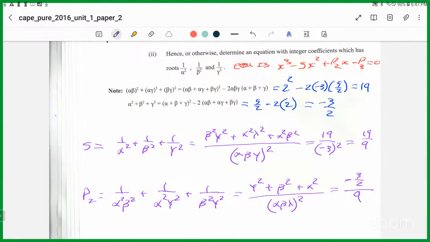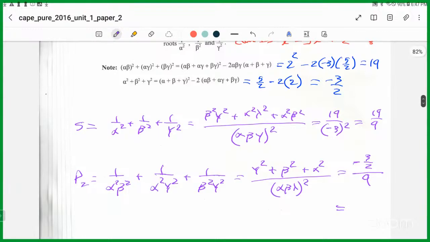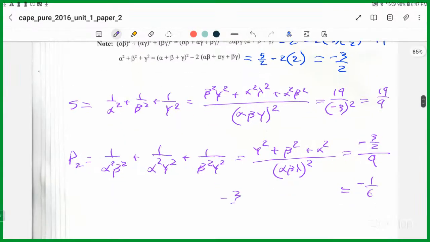And then this reduces: I can put 3 into this one time and 3 into this 3 times, and this 2 comes down, so it becomes minus 1 over 6. Minus 3 over 2 times 1 over 9, yeah, minus 1 over 6. That's what I get.